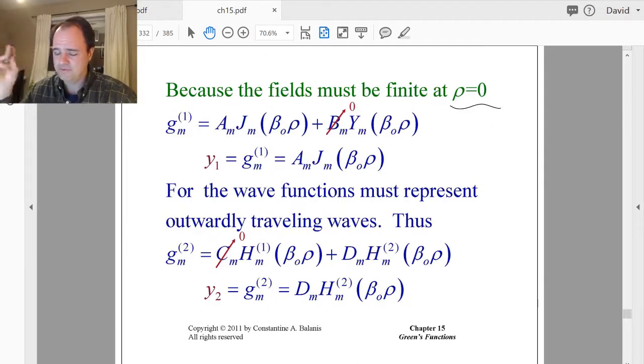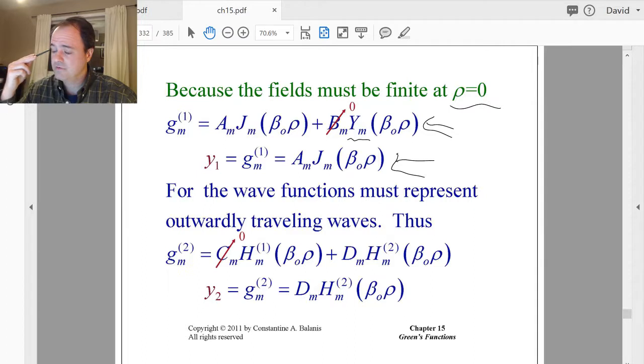One for rho less than rho prime, and one for rho greater than rho prime. So for rho less than rho prime, we use this right here. And because these Bessel functions go to infinity at rho equal to 0, we can get rid of those by saying b has to be equal to 0. So my first solution is this.